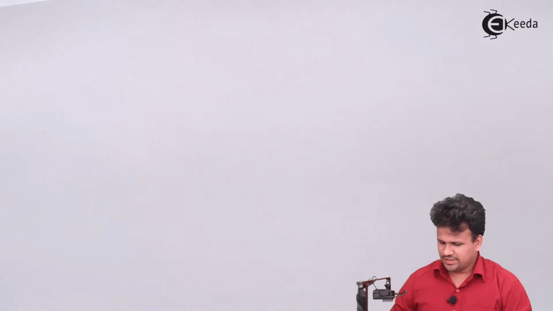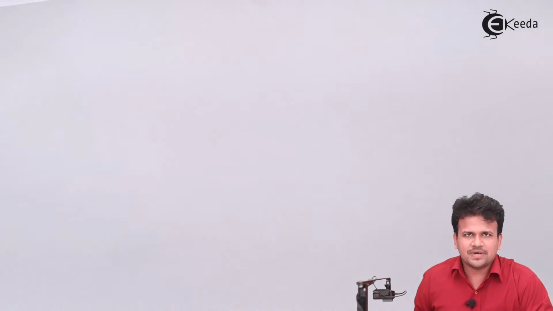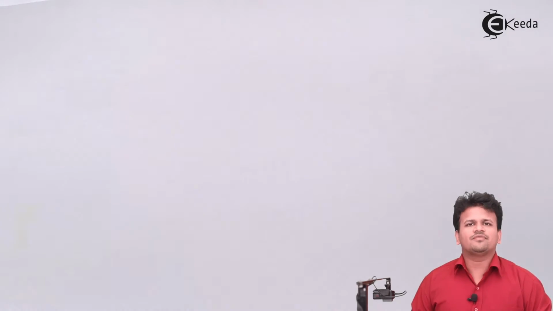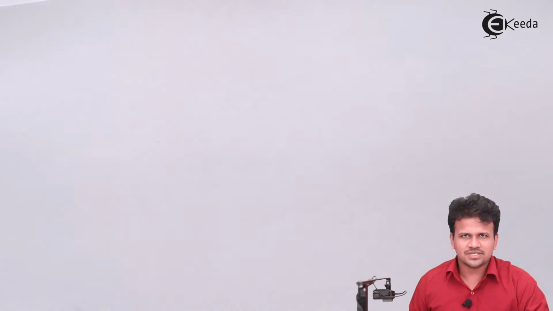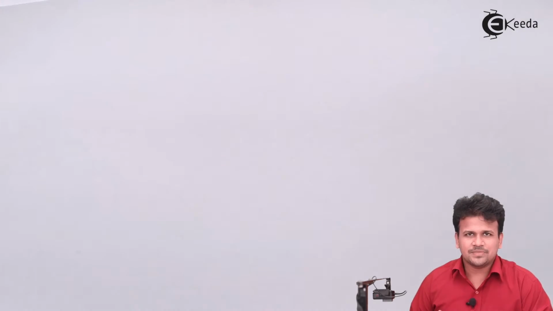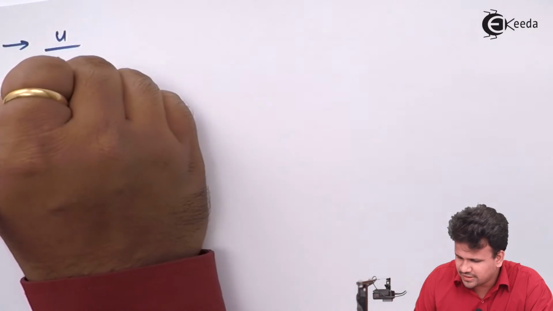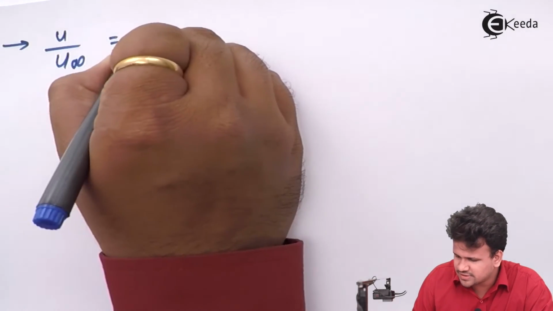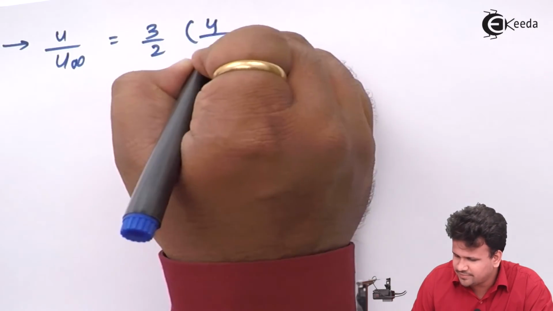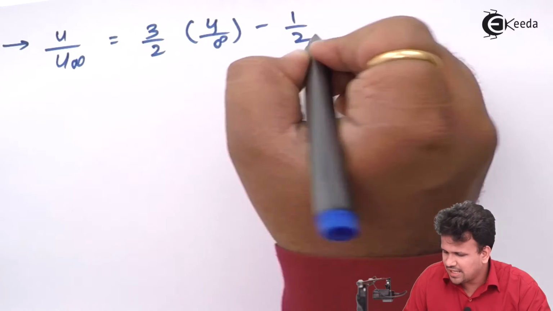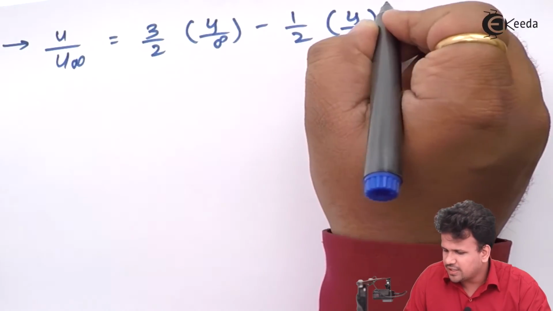So once we have got the equation after substituting the boundary conditions, let us calculate what they have asked, that is the boundary layer thickness in terms of Reynolds number. For that we have to apply von Karman's momentum integral equation. So let us apply it to our boundary layer equation, u upon u infinity equal to 3 by 2 y by delta minus half y by delta cube.